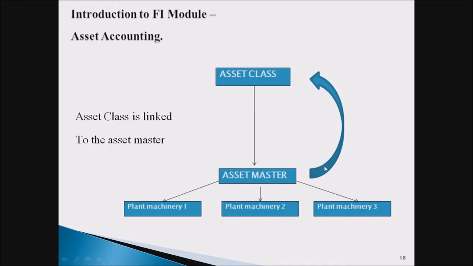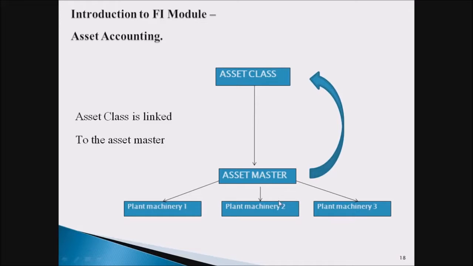Now, this asset master will be linked to the asset class. Let's say I have 3 plants, so I'm going ahead with plant and machinery 1, 2, and 3. I may have 3 or 4 buildings, 1, 2, and 3. These individual assets will always be linked to another record which we call the asset class. That means these 3 plants will be linked to one common asset class, plant and machinery.